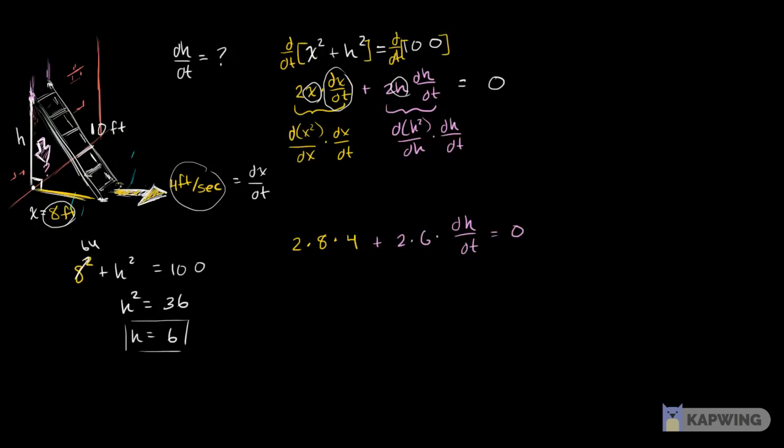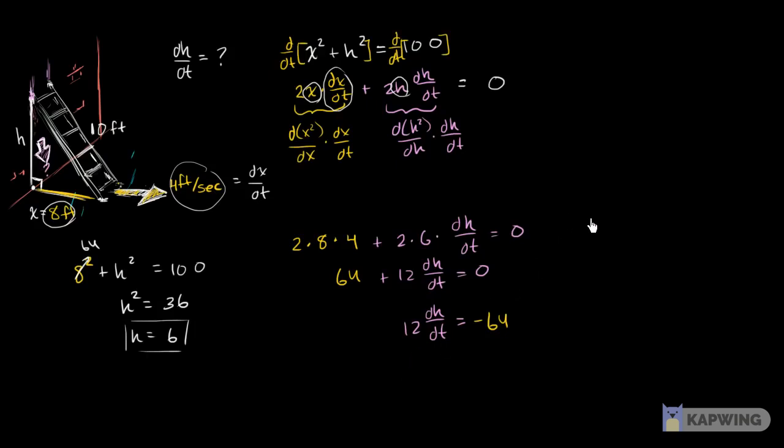And so we get 2 times 8 times 4 is 64, plus 12 dh/dt is equal to 0. We can subtract 64 from both sides. We get 12 times the derivative of h with respect to time is equal to negative 64. And then we just have to divide both sides by 12. And so now we get a little bit of a drum roll.